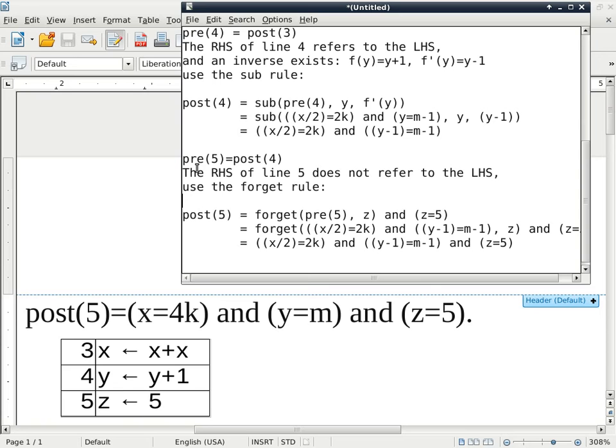In other words, I'm looking for the rationale why you choose to use a particular rule instead of the other one, and also the mechanical steps to apply those rules. You can probably skip one line and I will still be okay with that. Like skipping this line is okay because we already know what is pre-4, we already know what is f prime of y. If you skip this step and go straight to this one here, it's okay with me.